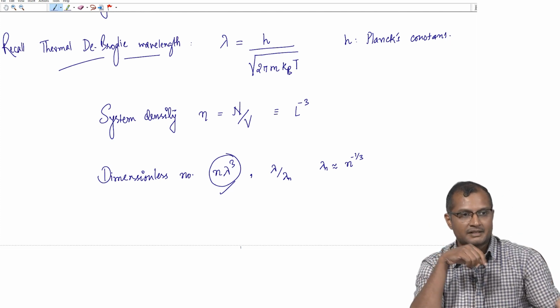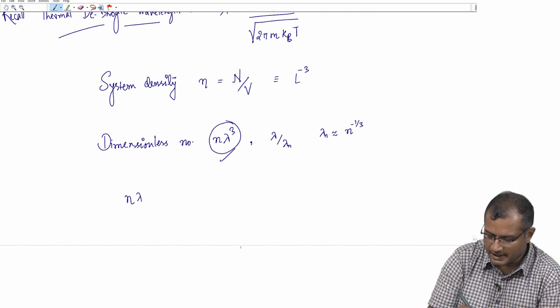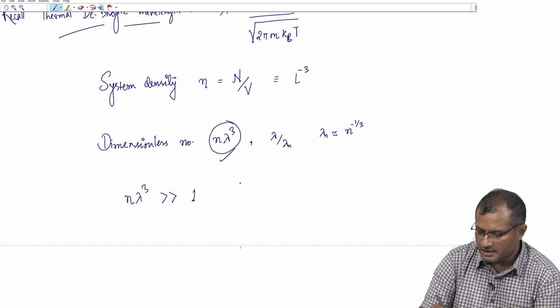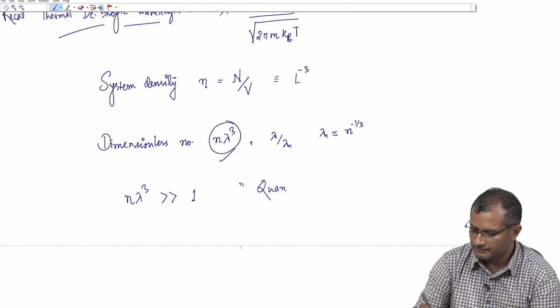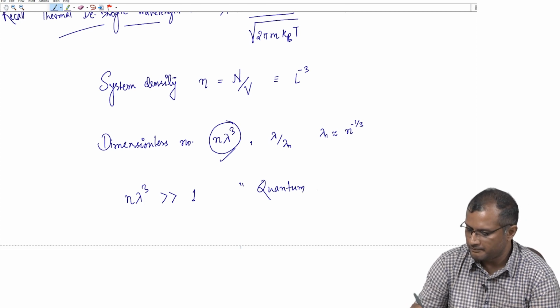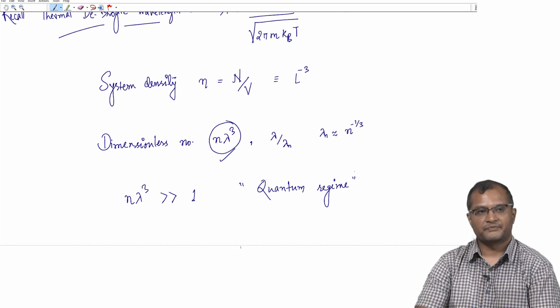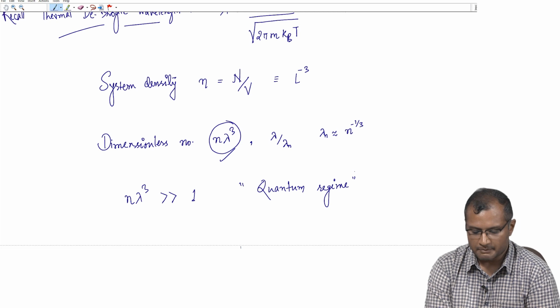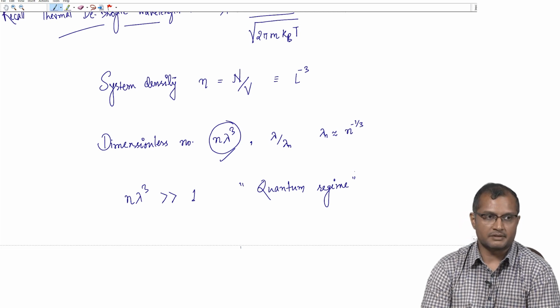So, one thing is clear, that the dimensionless number n lambda cube being much larger than 1 is the quantum regime. This is the regime where I make both n and lambda larger and larger.